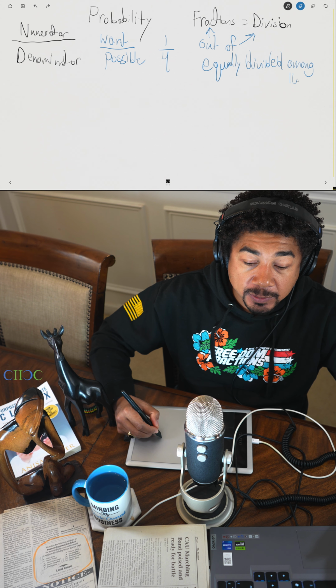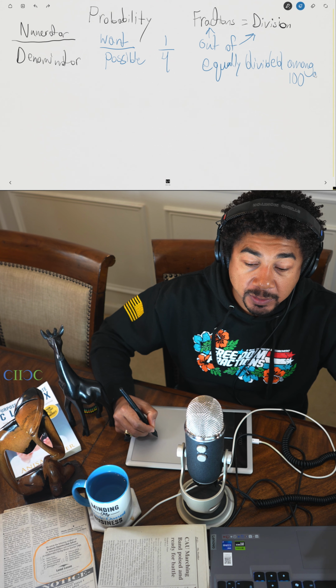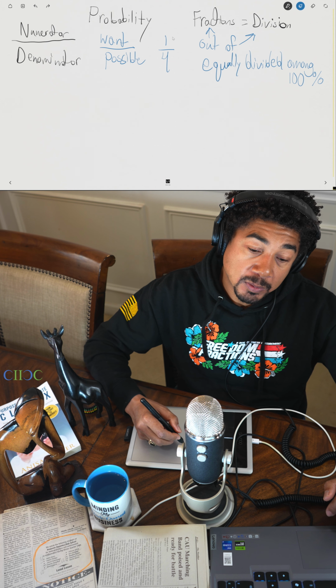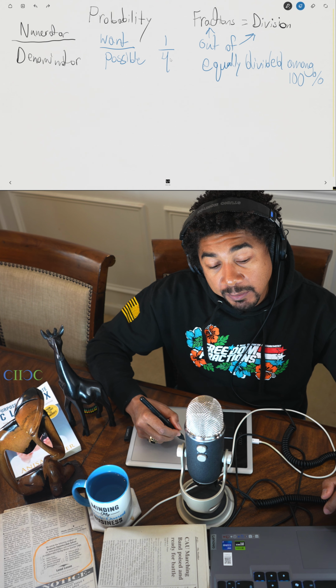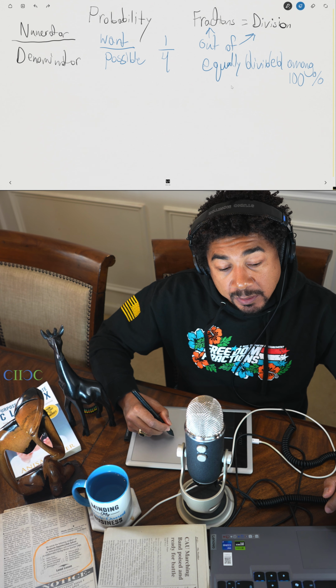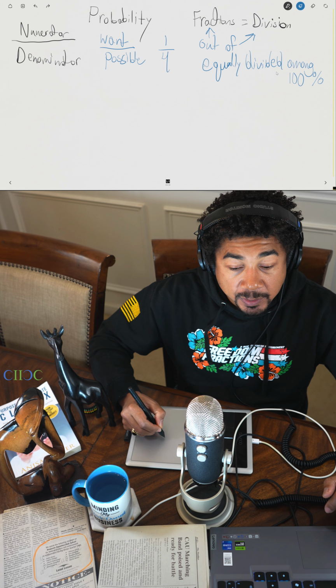Among 100, if you want to think of percent. So 1 point out of a total of 4. So yeah, out of total possibilities, because you are dividing 1 by 4.